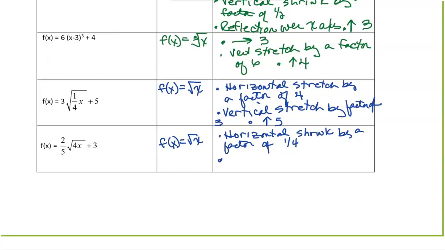Okay, then what else do I have? Since it's a number less than 1, I have a vertical, not stretch, but shrink by a factor of 2/5. And then lastly, it's going to say take your whole function and go up 3.